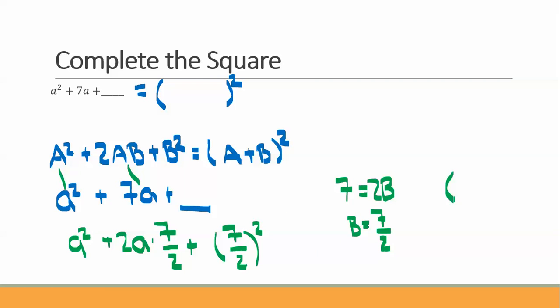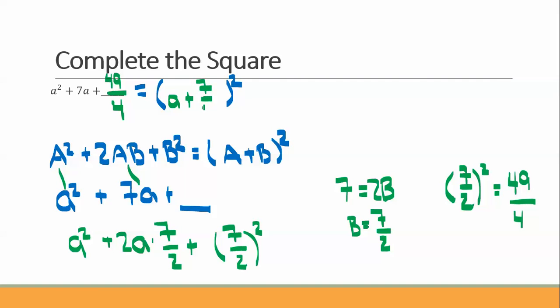Off to the side, 7 halves squared is 7 times 7 is 49, 2 times 2 is 4. So to complete the square, we need 49 over 4 here, and then our b was 7 halves, so that's going to be a plus 7 halves squared.